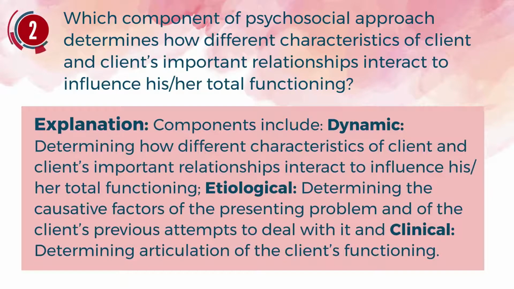Components include dynamic, determining how different characteristics of client and client's important relationships interact to influence his or her total functioning; etiological, determining the causative factors of the presenting problem and of the client's previous attempts to deal with it; clinical, determining articulation of the client's functioning, that is mental status, coping strategies or style, if pertinent to clinical diagnosis.